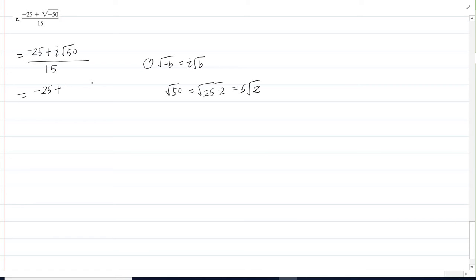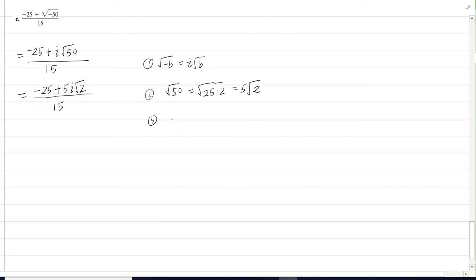So we have to write 5i square root of 2. All I'm simplifying right here is just the square root of 50. That's why I have to put the i back right there. So over 15. Once we have this, then that's step 2.